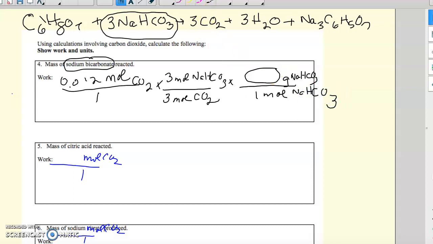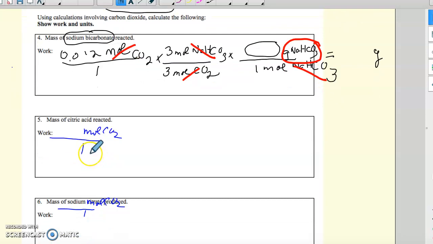So then you can see the units cancel, the moles of CO2, the moles of NaHCO3, and I'm left with grams. So once I calculate that, I do want to make sure that I have 2 sig figs because I have 2 here.